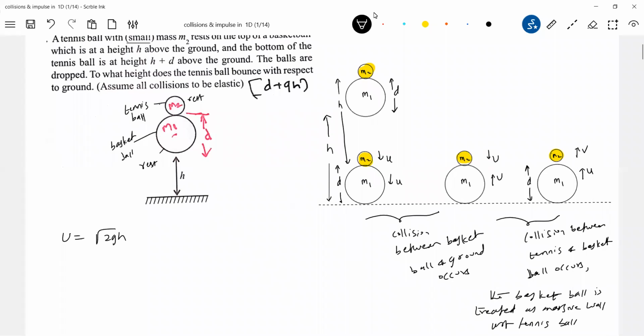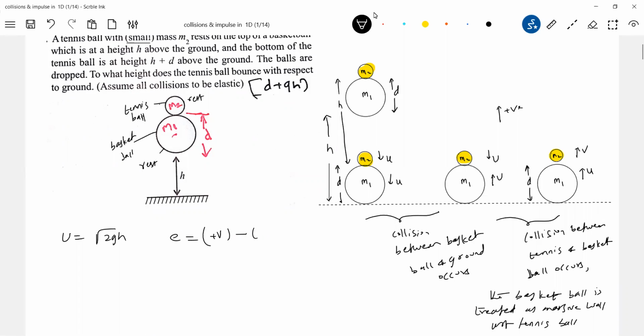Let's write the coefficient of restitution formula you applied. Anything directed upward, I'll take as positive. And it's an elastic collision, so e is equal to 1. So I'm writing the equation. 2 is the tennis ball here, no? So v after collision.